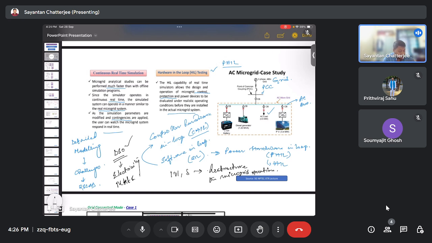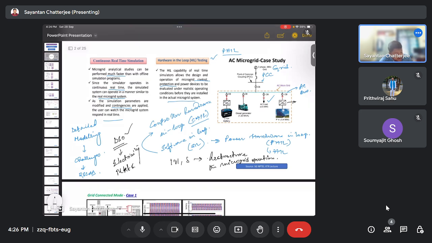So here it's a test system with DC-AC converters, since solar is generating in DC. And the generator is generating in AC itself, so it is not requiring any AC-DC controller system.